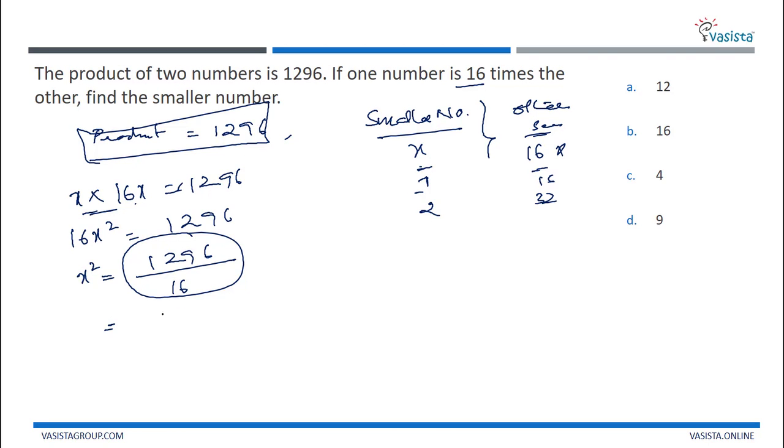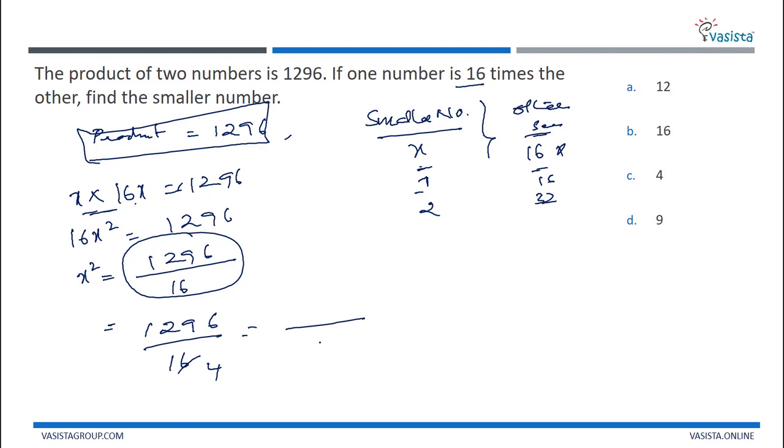Let us go with this way. 1296 divided by 16. Let me divide by 4, because 16 is divisible by 4 and 96 is also divisible by 4. Let us start dividing by 4.